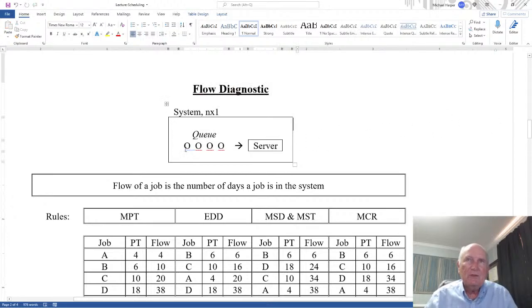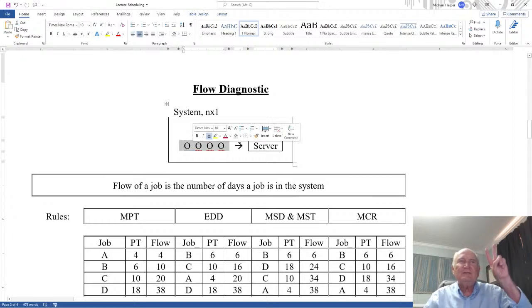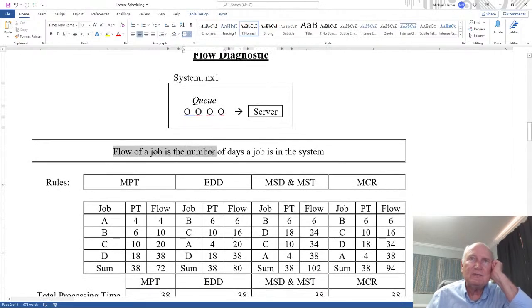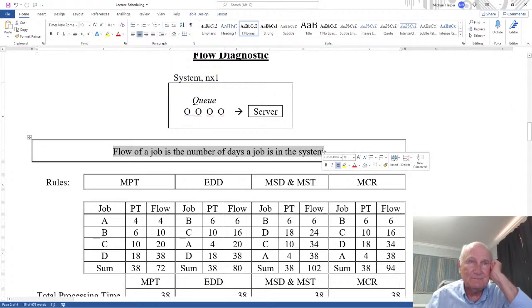Suppose a job spends 2 days in the queue, 1 day in the server, the flow is 3. If it spends 1 day in the queue and then 3 days in the server, the flow time is 4. In the system, it's either going to be in the queue or the server, and you add those times up, that's flow.